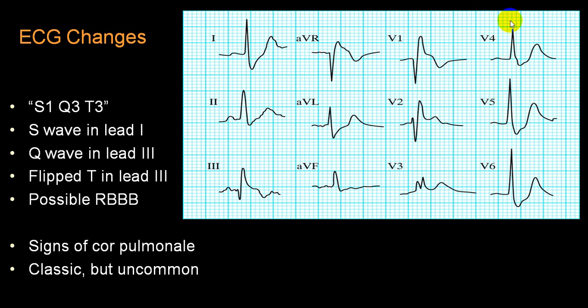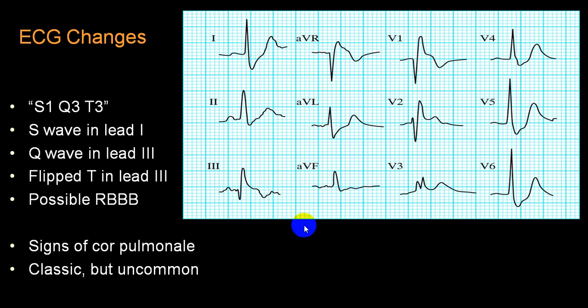This is the typical ECG change we call S1, Q3, T3 pattern: a deep S wave in lead 1, Q wave and T wave inversion in lead 3. Right axis deviation, incomplete right bundle branch block or right bundle branch block, tachycardia, etc. are common findings.